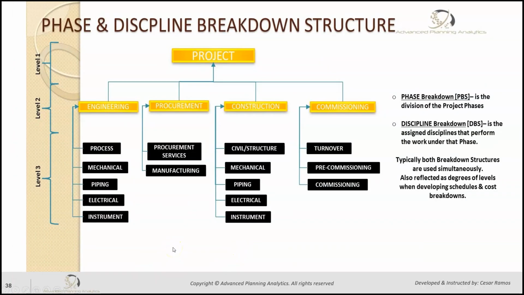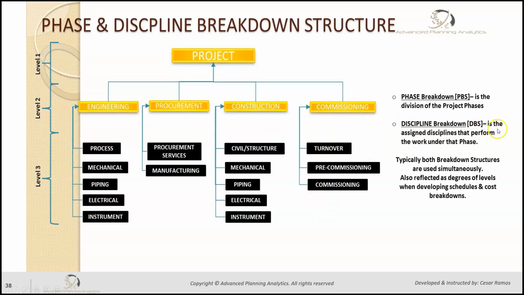Another two types of breakdowns are the phase breakdown and the discipline breakdown. The phase breakdown is the division of the project phases, E, P, and C, and sometimes they call it EPCC, with commissioning.